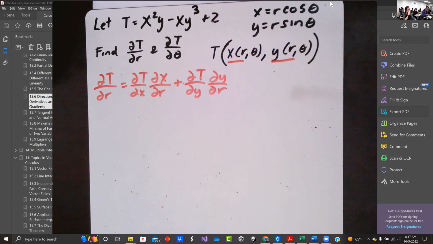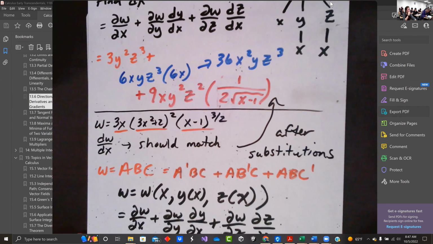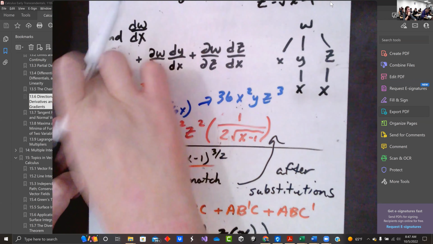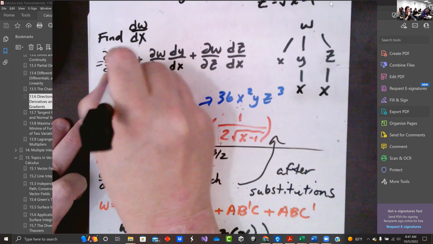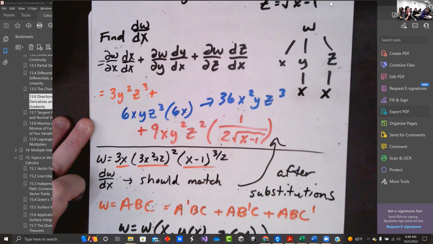Bring up the previous board real quick. At the top, where it says dw/dx, it's because y and z are only functions of x, so I could make do with this. What's dx/dx?